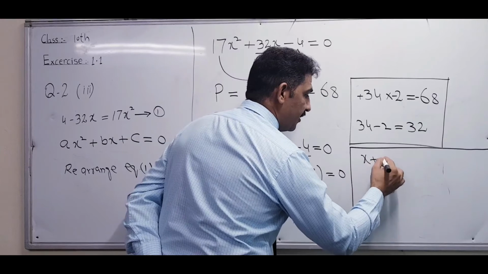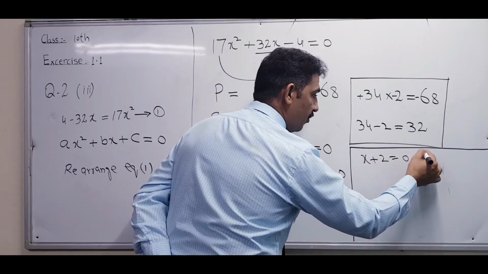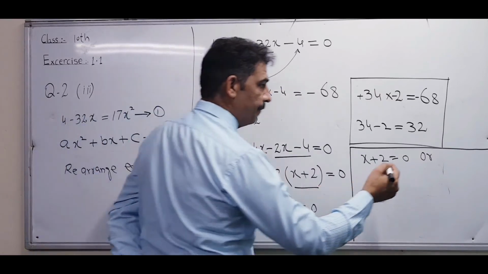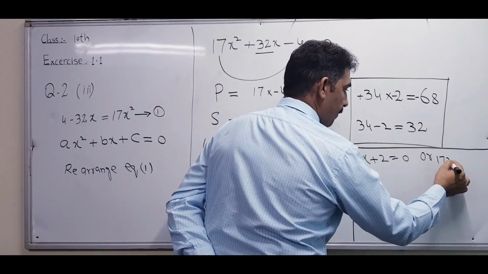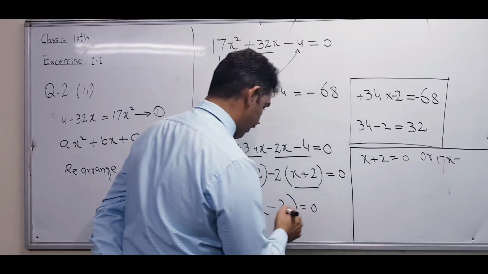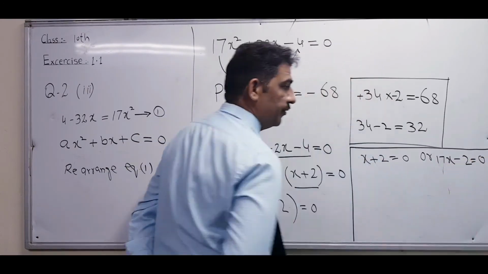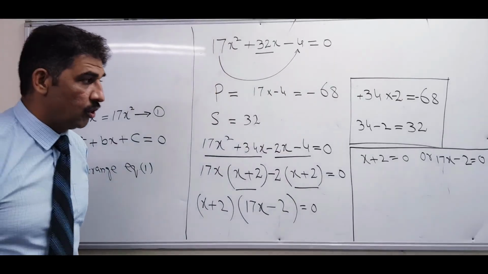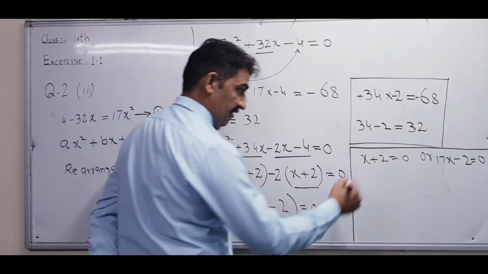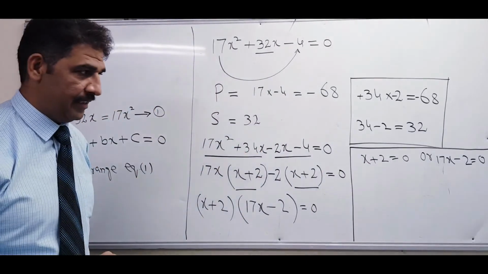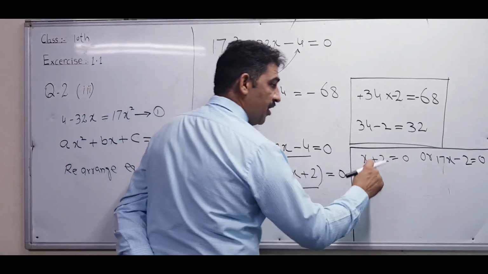x plus 2 equal to 0, or 17x minus 2 equal to 0. So what is the result here? We have to make x single on the left-hand side. So 2 is shifting to the other side.